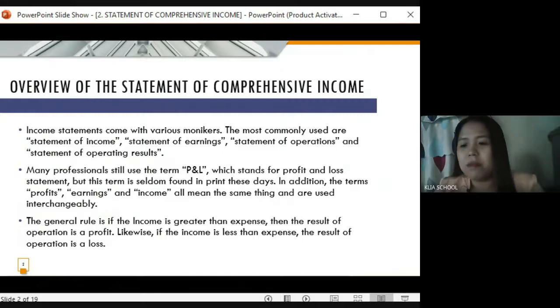Ibig sabihin, lagi kumbaga summarized na yung pinapasa kapag nasa submissive type tayo ng business. Okay? For the next bullet, will you please read this one, Dream Rose?